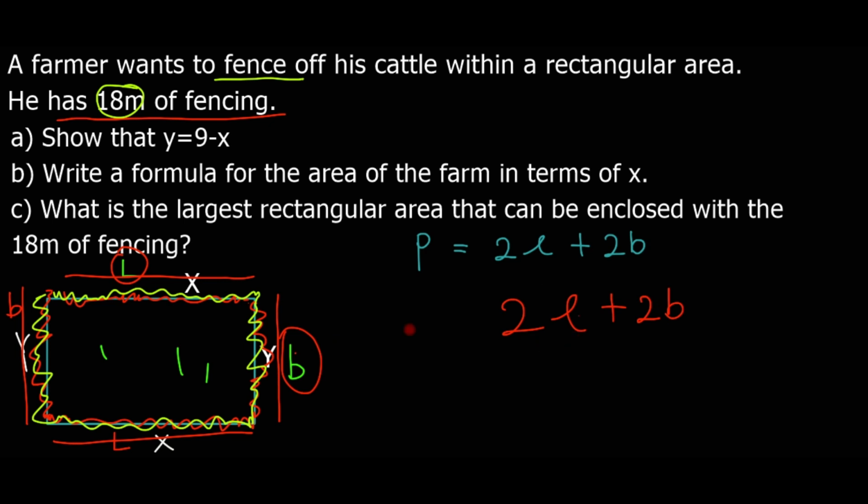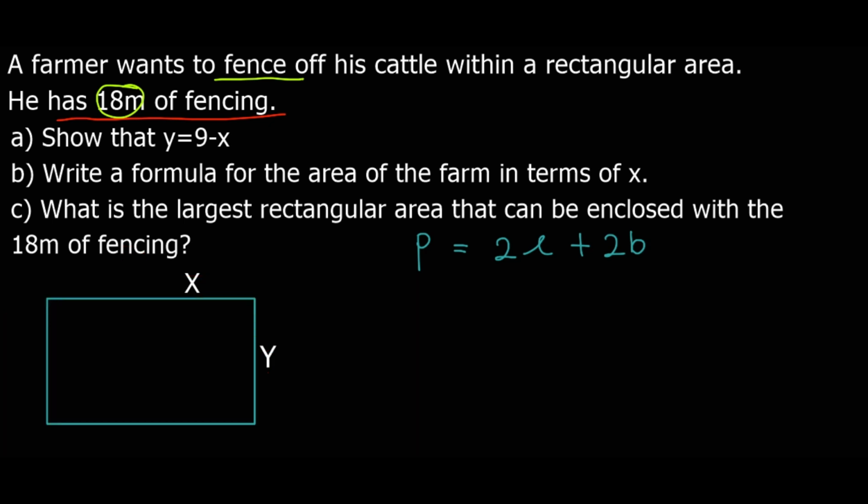So that is the formula to find the perimeter. We can write this formula in another way: P equals 2 as a common factor, and then L plus B. But the question says our length is x and our breadth is y, so we must use the information from the question.